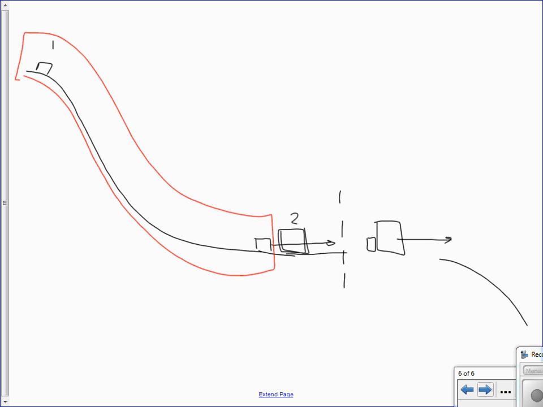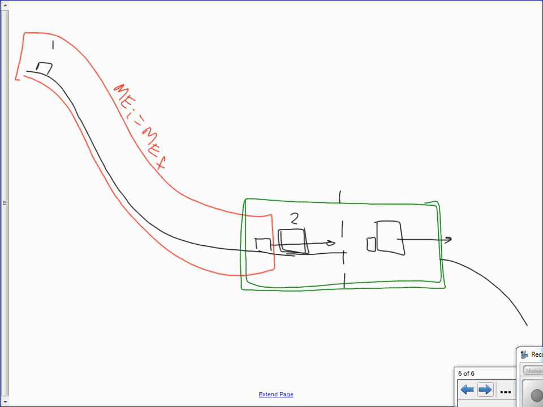because right here, we have a single object trading height for speed. ME initial is ME final. Then we have a two-body interaction, and that's net initial momentum equals net final.